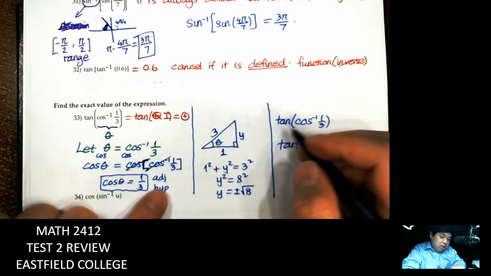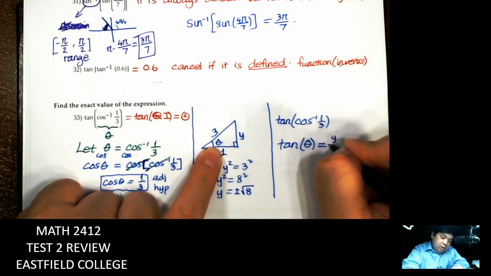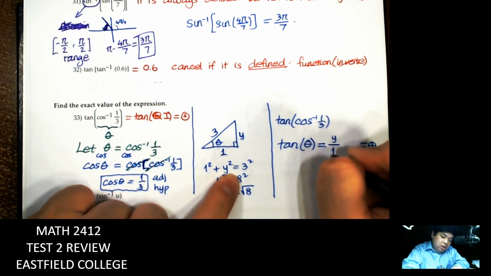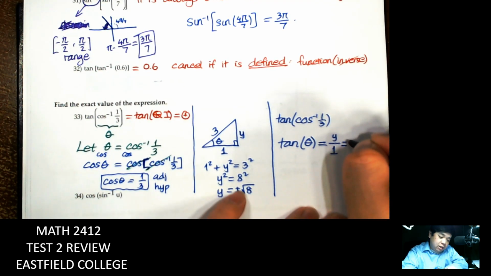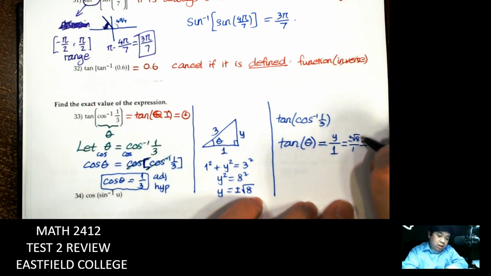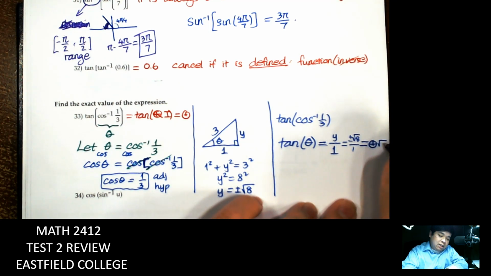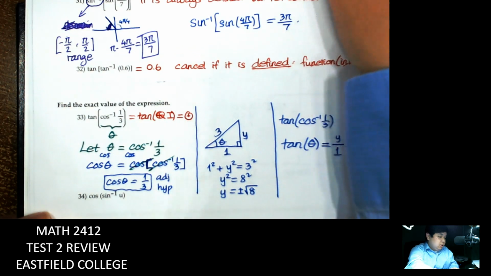So tangent of theta is opposite over adjacent, and opposite could be y, plus or minus square root of 8 over 1, and whatever we choose here has to be positive. So it's going to be square root of 8. Right, so we have that.